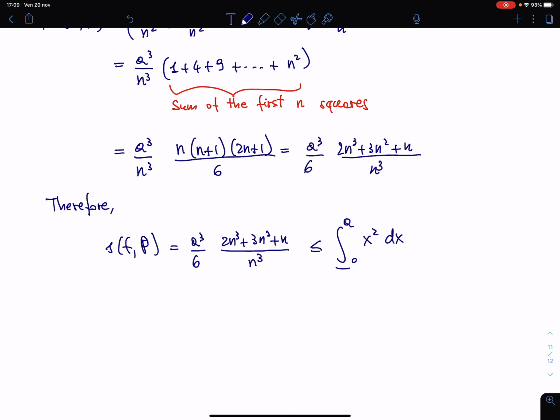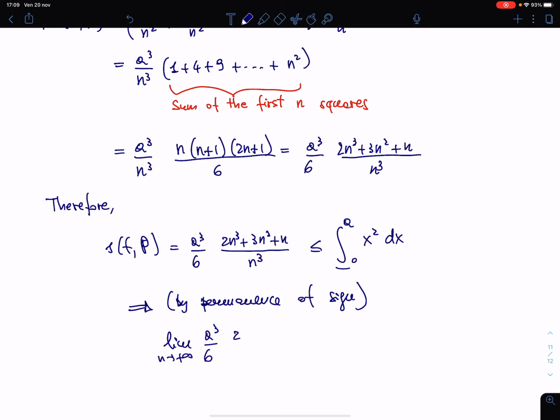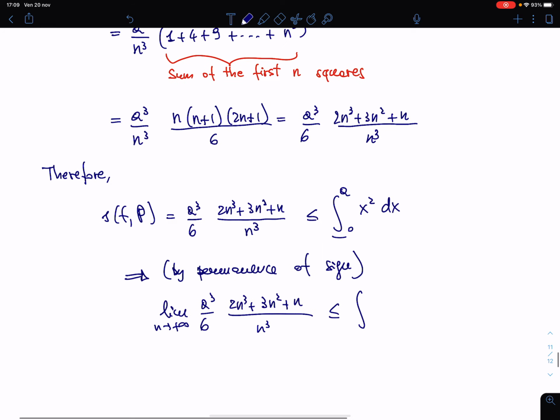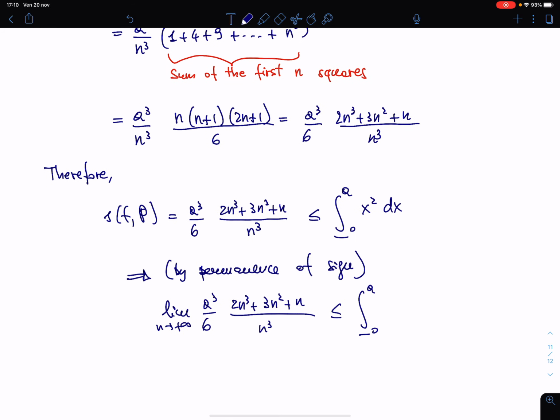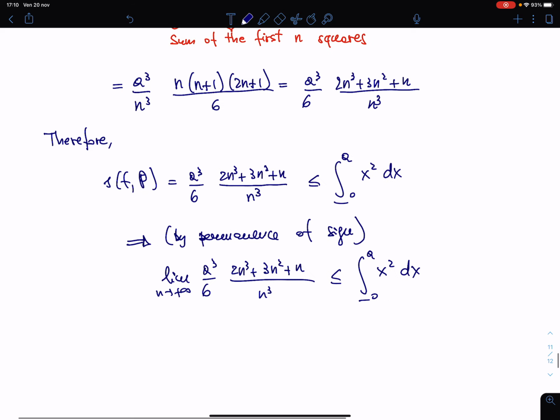And this implies then, by permanence of sign, if you want, also the limit here of a cube over 6, the limit for n going to plus infinity of 2n cube plus 3n squared plus n over n cube is less or equal than the lower integral from 0 to a of x squared dx.